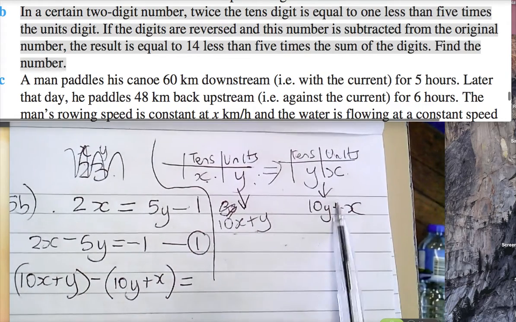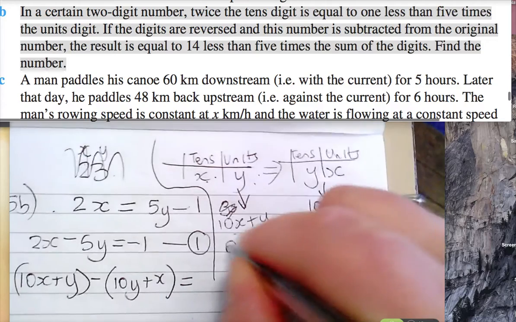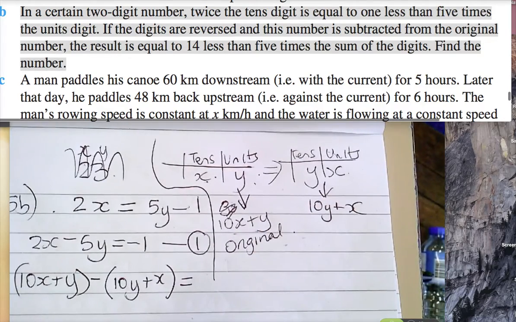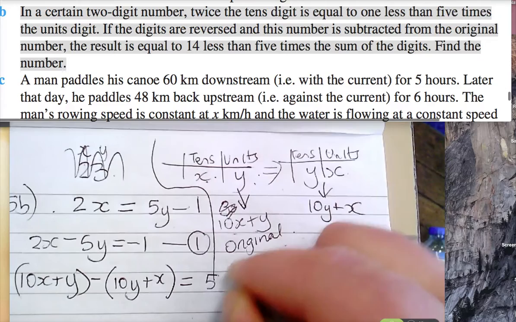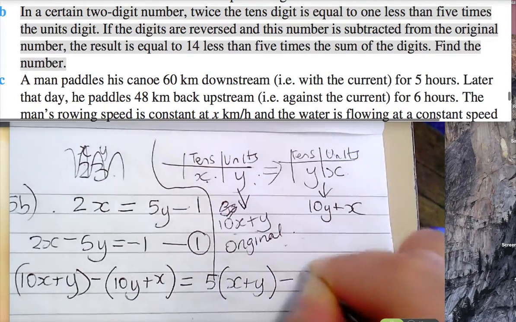So the digits were reversed, and this number, the new one, was subtracted from the original. The result is 14 less than 5 times the sum of the digits. How do I do that? 5 times the sum of the digits, x plus y, minus 14.